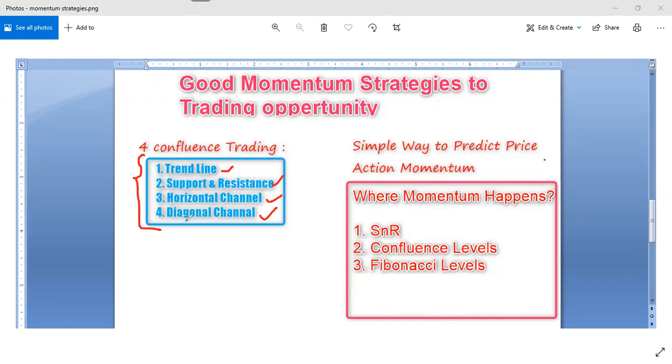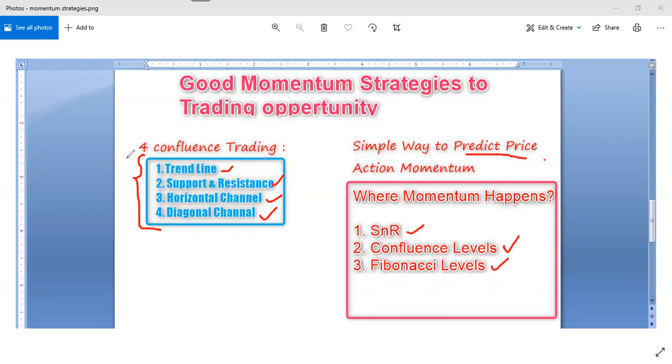So what is the simplest way we can predict the price action momentum? Where does the momentum happen? Actually it happens at SNR, the confluence levels, and the Fibonacci level. SNR, you know, is support and resistance.